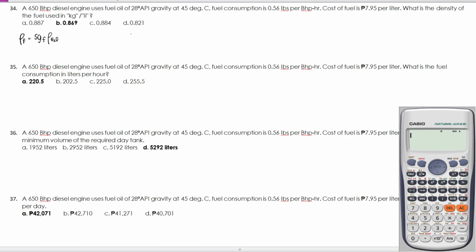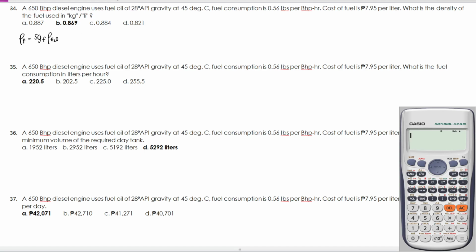Alright? So, pwede naman natin gamitin yung constant na density of water in SI unit. So, nagre-range naman siya into various temperature or in certain temperature. Alright? So, pwede pa rin natin siyang gamitin for the temperature given for this problem.